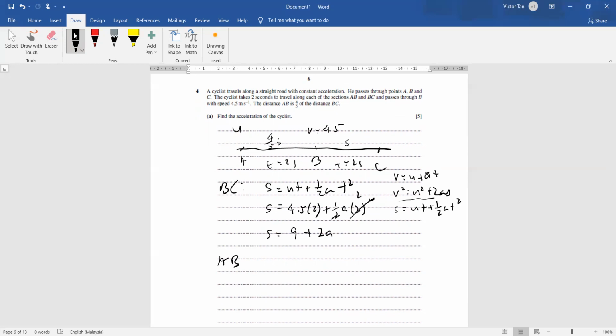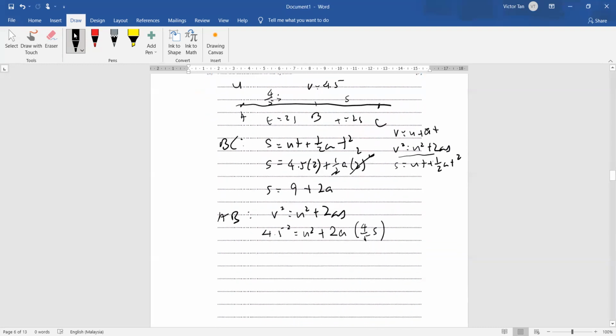So for AB, if I use V square equals U square plus 2AS, so 4.5 square equals U square plus 2 times A times 4.5 S. Okay, so 4.5 square.